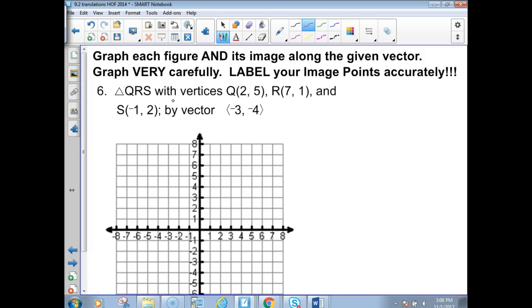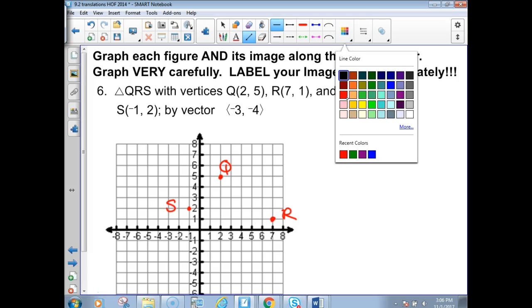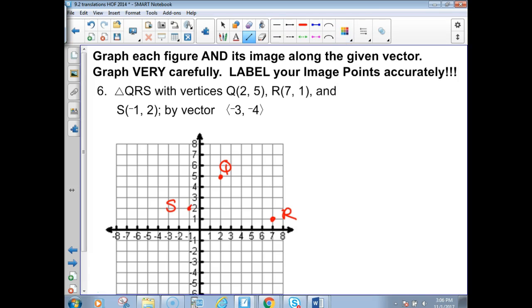QRS is a triangle. 2, 5 is one vertex. Label it Q. 7, 1 and -1, 2. Okay, so here's our original triangle.